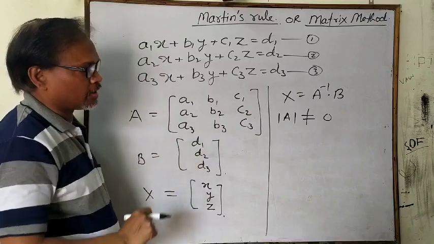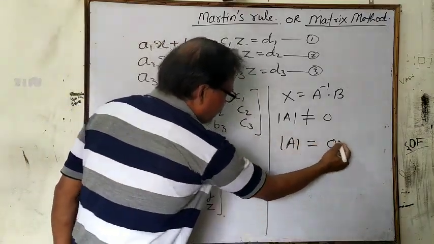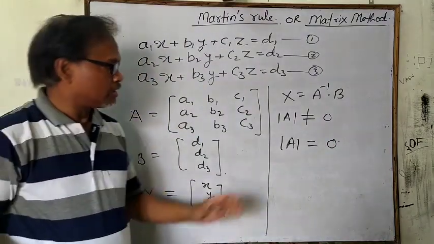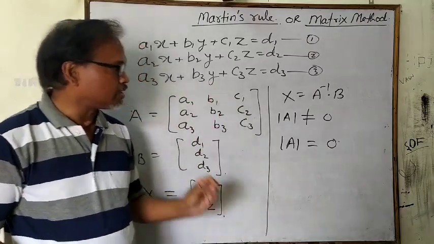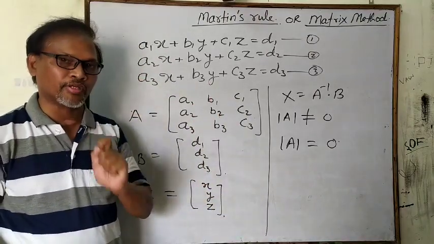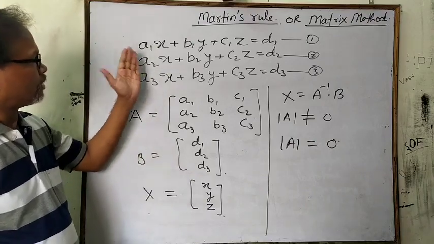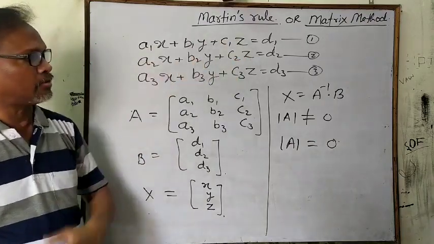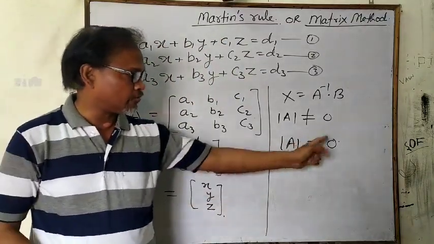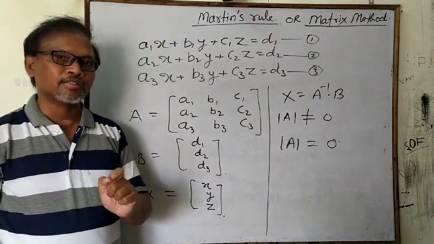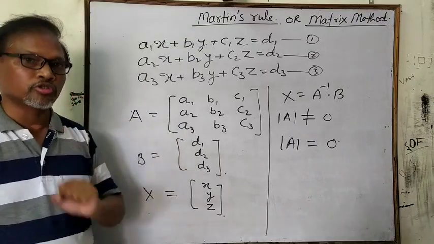But if mod A is equal to 0, then it is called a singular matrix. In the case of a non-singular matrix, we will have only the unique solution. Unique solution of x, y and z means only a single value of x, y and z. But if we have a singular matrix, meaning modulus of A is equal to 0, in this case we have a finite solution or no solution.